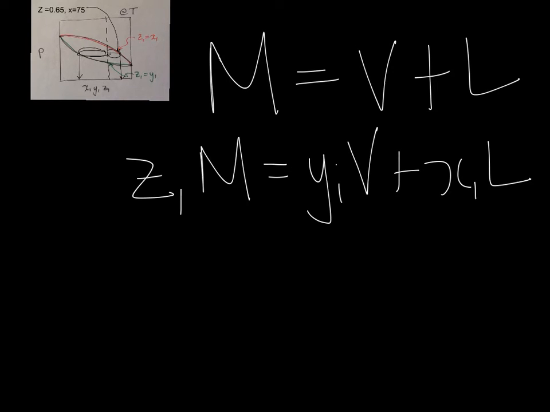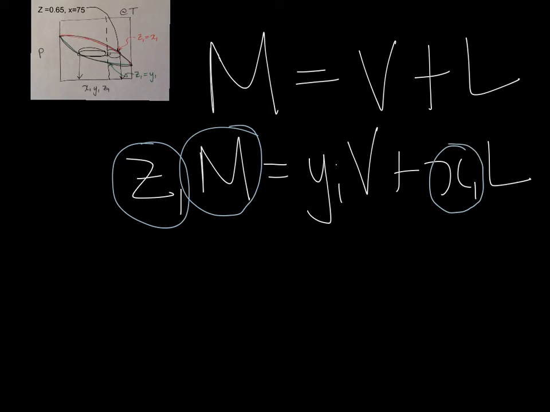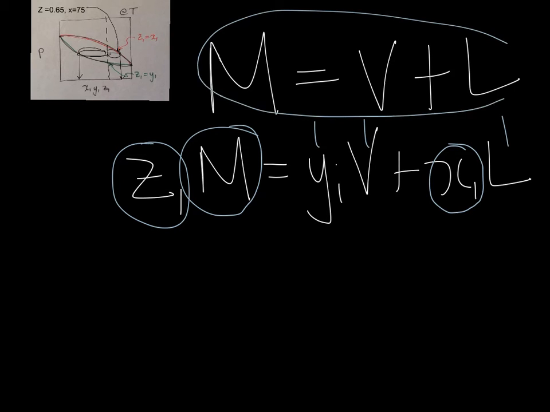We can choose a basis of 1. We know this mole fraction needs to be 0.75. So we have three additional unknowns in this equation. We need a second equation.